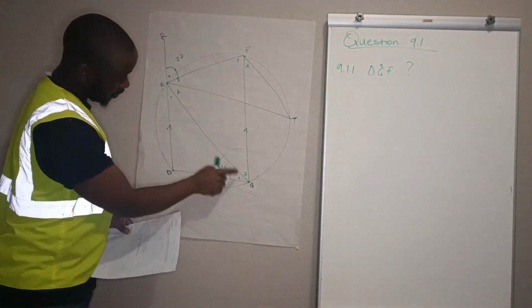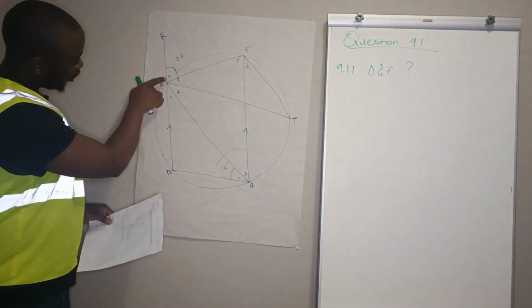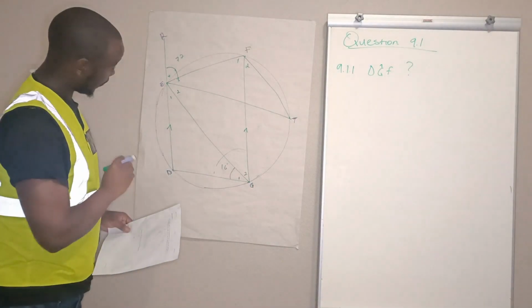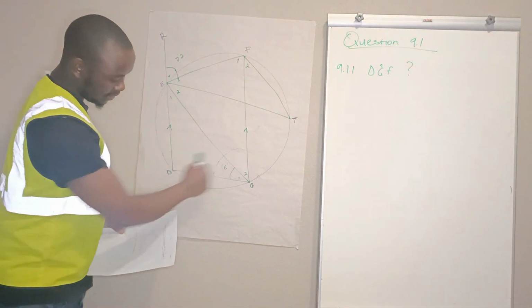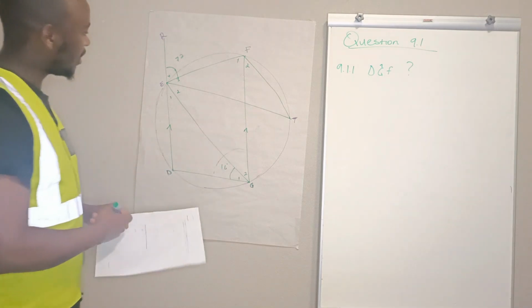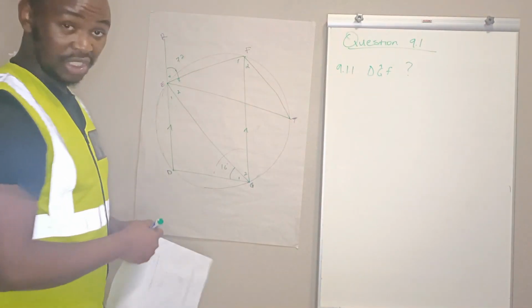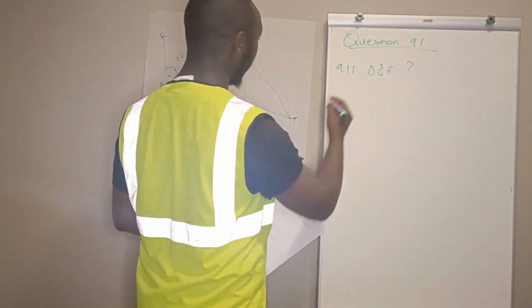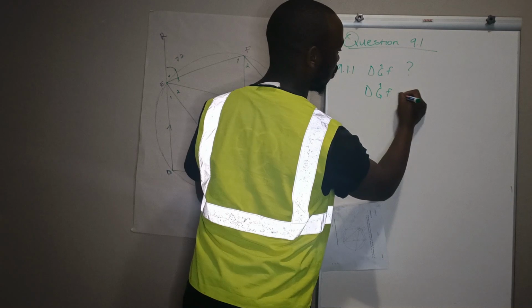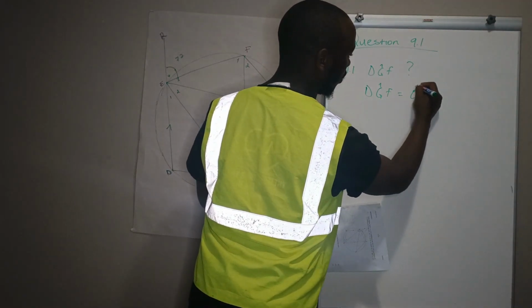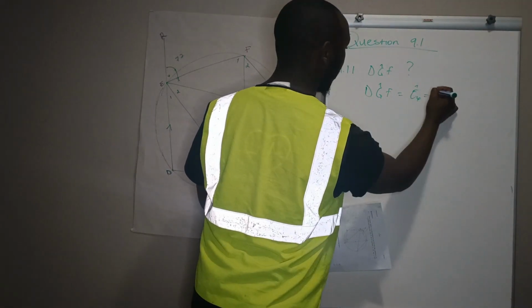If you look at the opposite interior angle of the cyclic quad, opposite to E4 is DGF. So we already see that E4 should be equal to DGF. So DGF should be equal to E4, which is equal to 72 degrees.